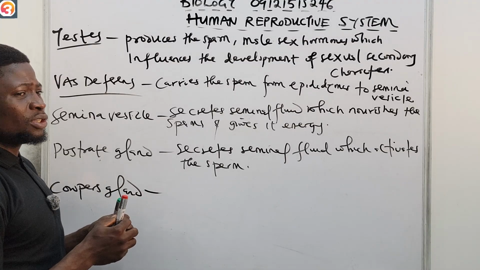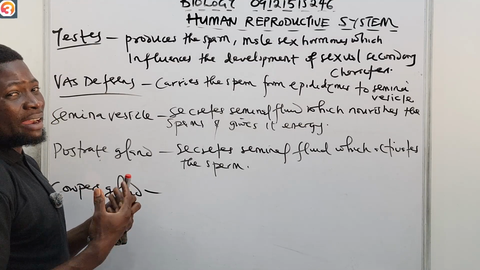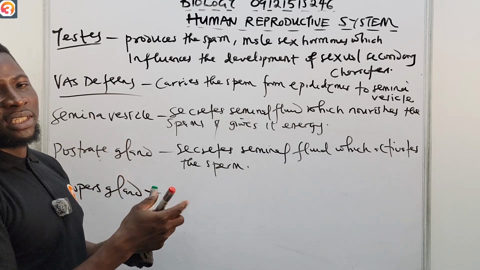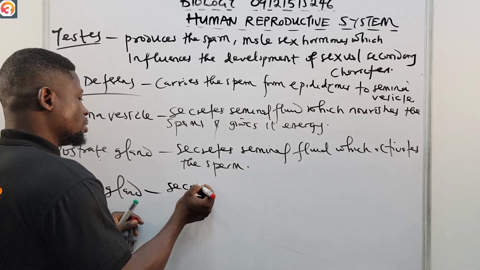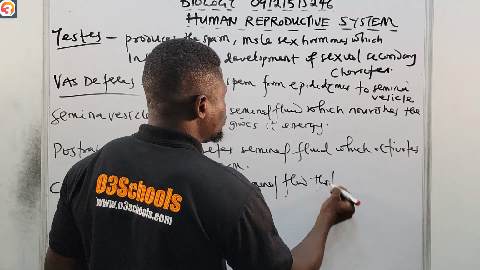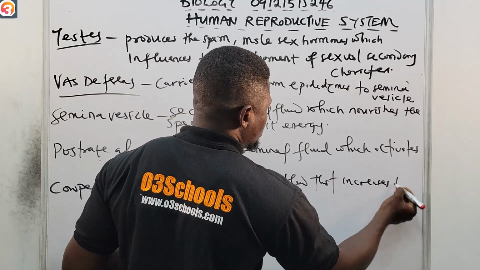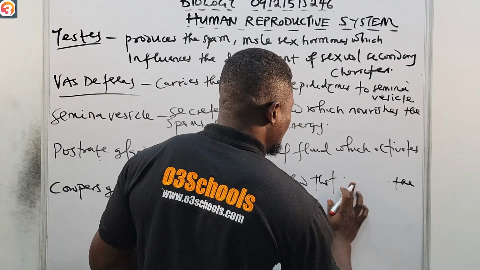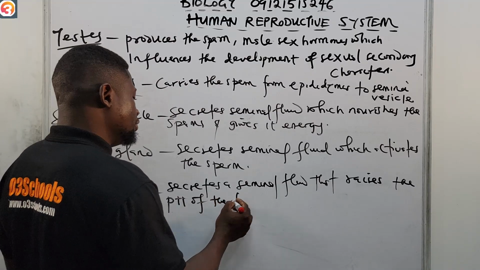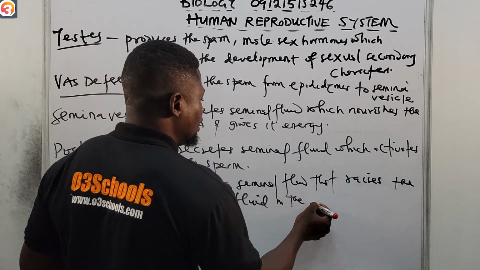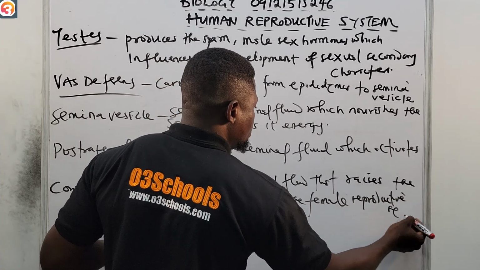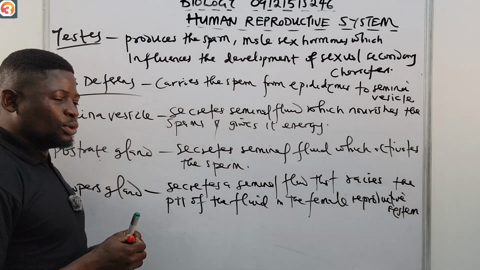And what this one does basically is to secrete a seminal fluid that raises the pH of the fluid in the female reproductive system. Okay, so that is what the Cowper's gland does.